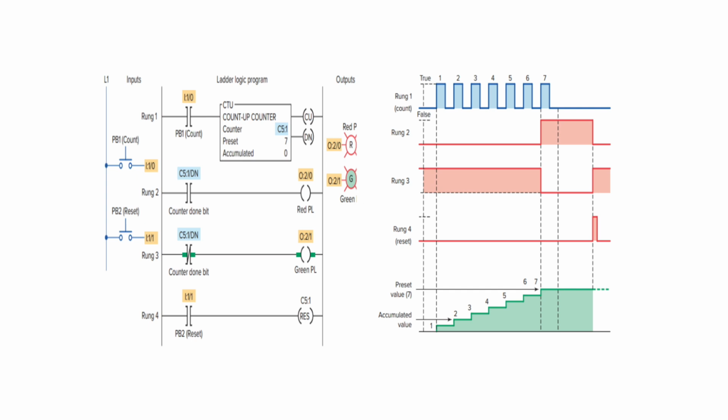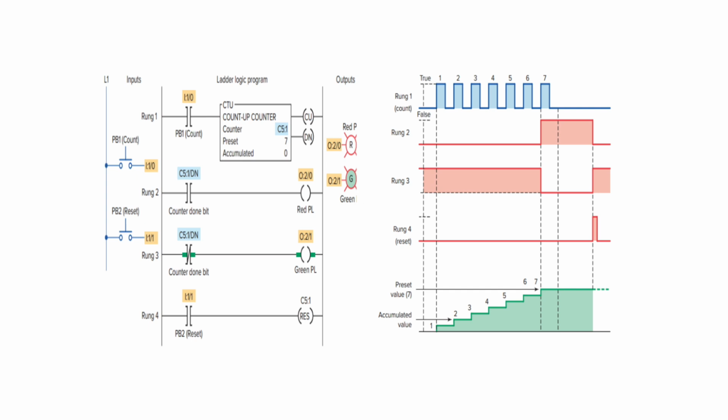Let's take an actual program view of counter operations. As you see in the diagram, my up counter is connected with the I colon 0/0 switch, and the output of the counter, that is the done bit C5 colon 0, is connected to the red button as the output. The address of the output of the red button is O colon 2/0.